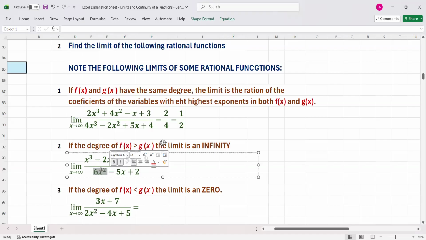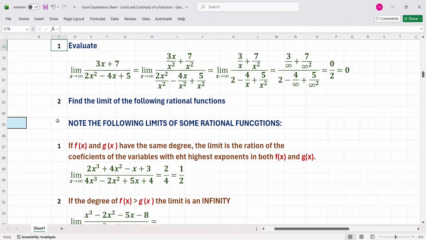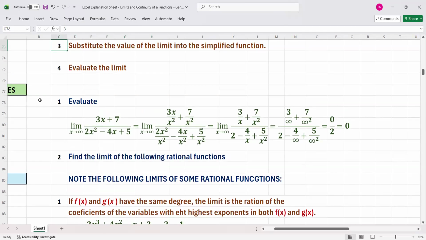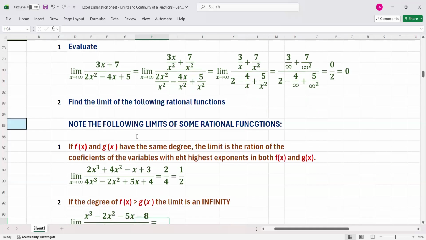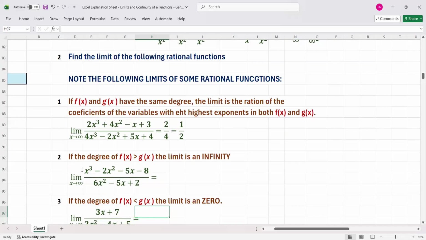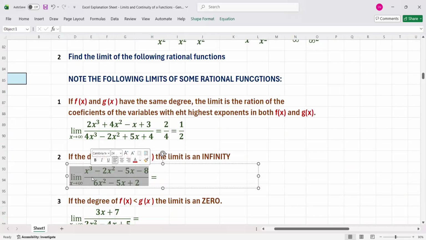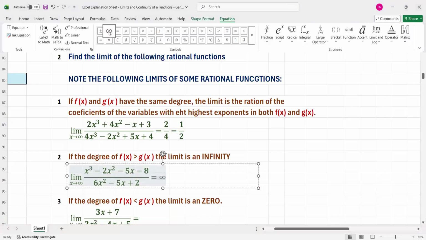If you go ahead and use the steps itemized here, step 1, 2, 3, 4, locate the highest degree, divide through, the answer you will get is infinity. So observing this, if the degree of the numerator is higher than that of the denominator, please don't waste your time. This is going to be infinity based on what we have done so far.